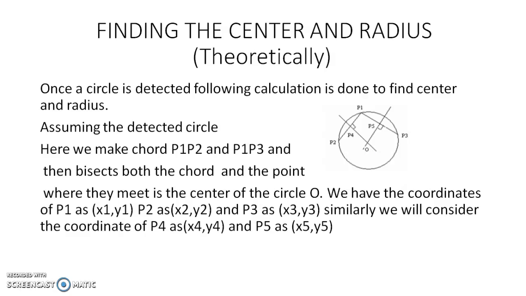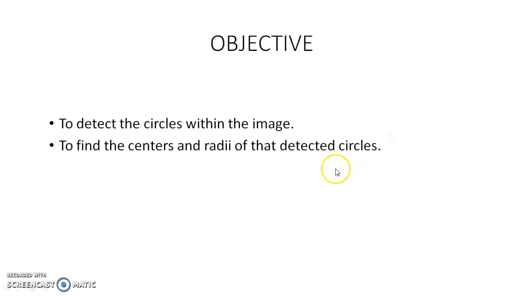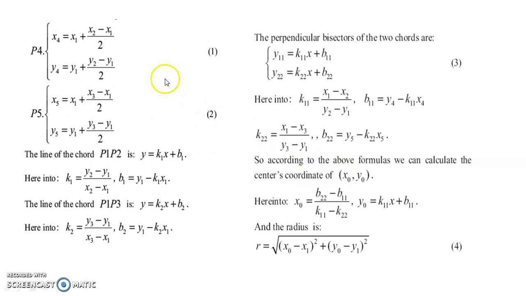We have the coordinates of P1 as x1, y1, for P2 x2, y2, and for P3 x3, y3. Similarly, we consider another 2 points, P4 and P5, and we give them coordinates x4, y4 and x5, y5. Now these are some formulas to calculate the center and radius of the circle.